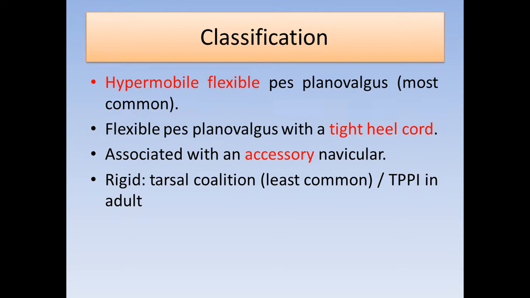In adults, the most common cause of acquired flat foot, starting flexible then going into rigid, is tibialis posterior insufficiency. So our role is to detect in which stage or what is the cause, which type he has, because the management is totally different.